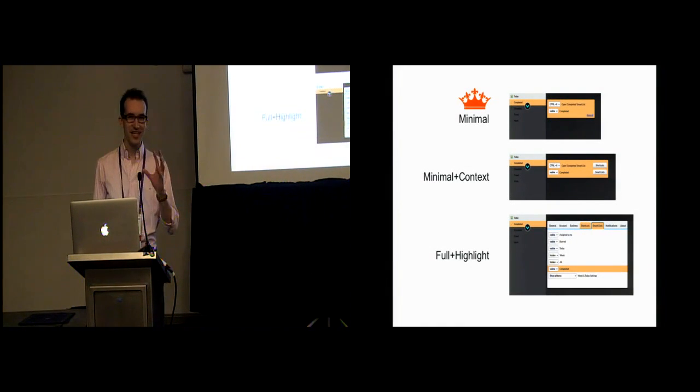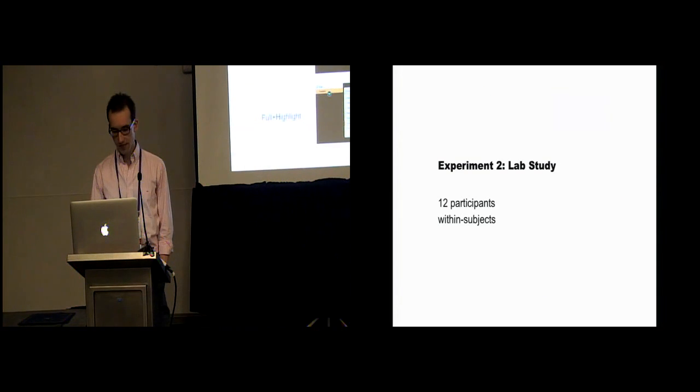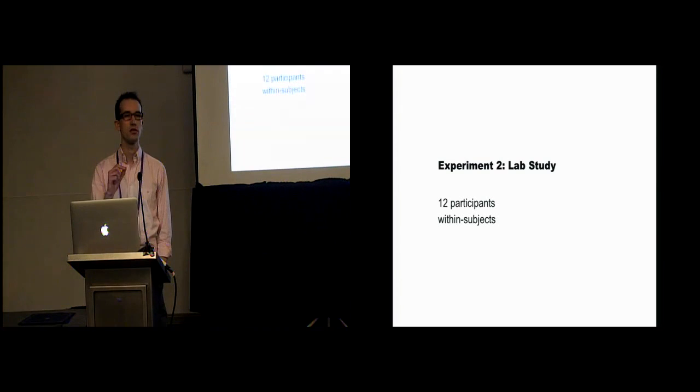But when you think about it, it is a bit surprising because really it's not that different from minimal plus context, which only adds these little 2 tabs on the side. So that's something we wanted to investigate in our second experiment. This time it was in the lab, 12 participants within subjects, because we wanted participants to be able to compare subjectively the different conditions, but otherwise a similar protocol.